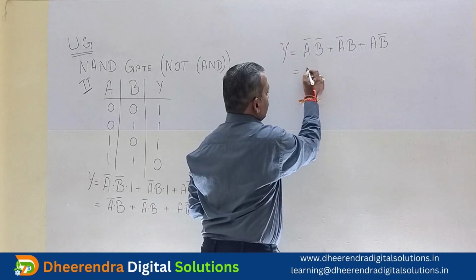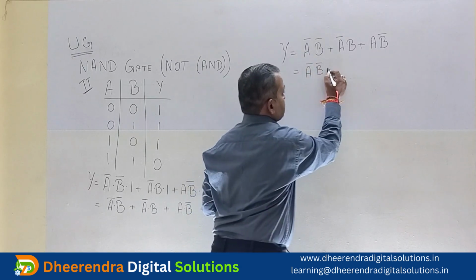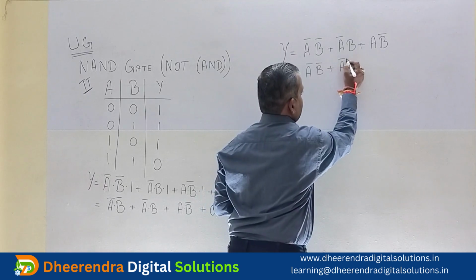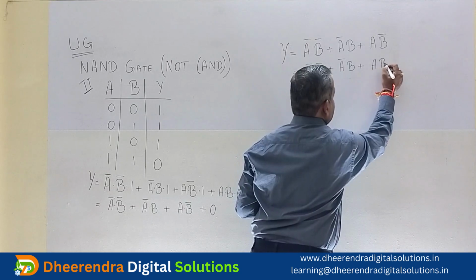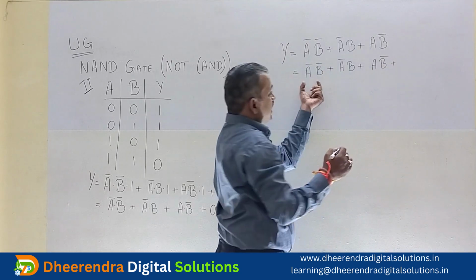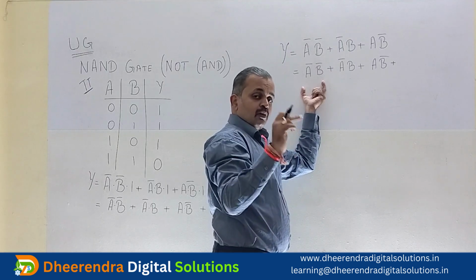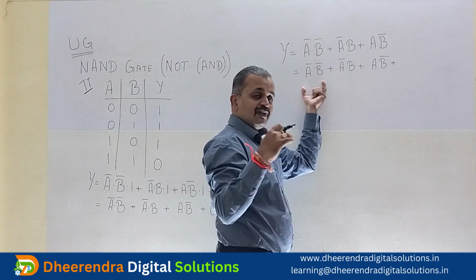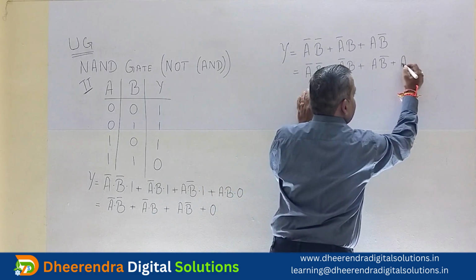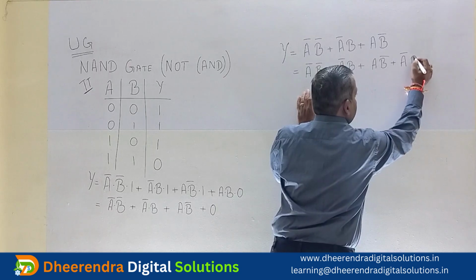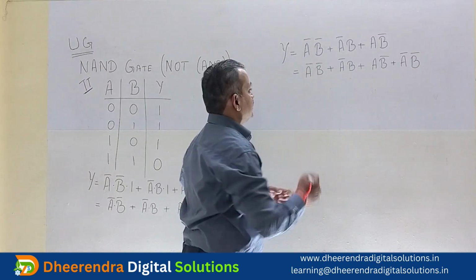So this will be equal to A bar B bar plus A bar B plus A B bar plus, I will repeat this particular term because 0 plus 0 is also 0, 1 plus 1 is 1. We have seen it in the previous video. So I can repeat any of the terms. So we get A bar B bar, I'm just repeating the term A bar B bar.